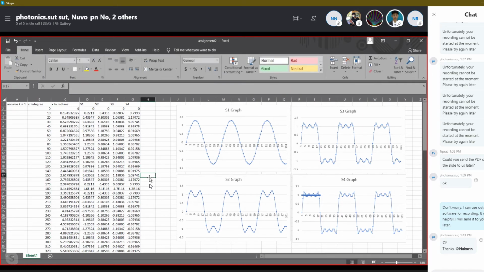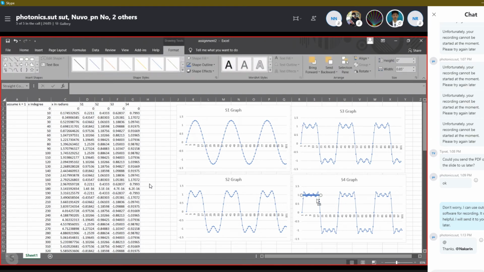Okay, I see. You say it will become a constant like this one. Did you try by yourself, or just because I drew it like that?